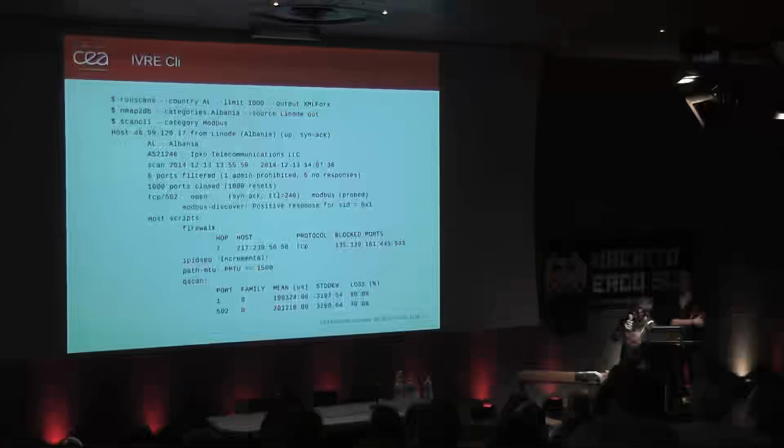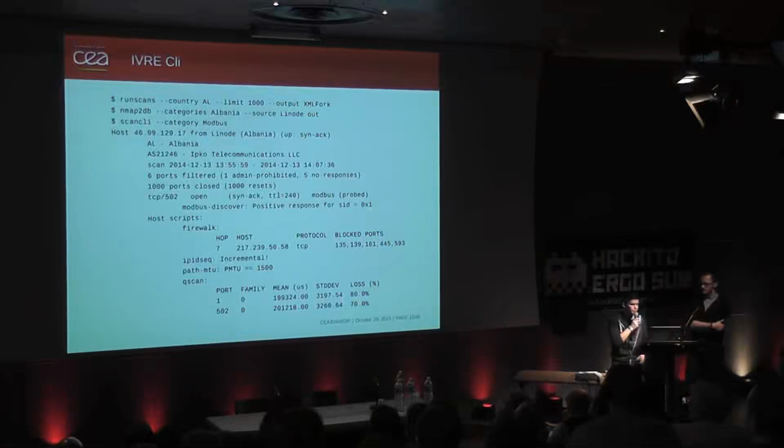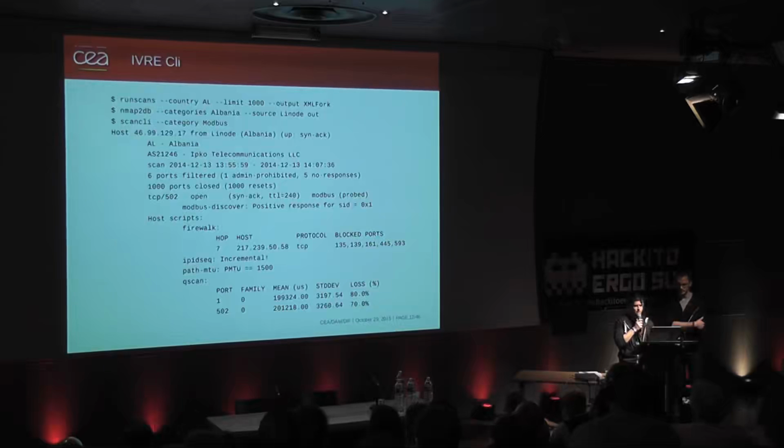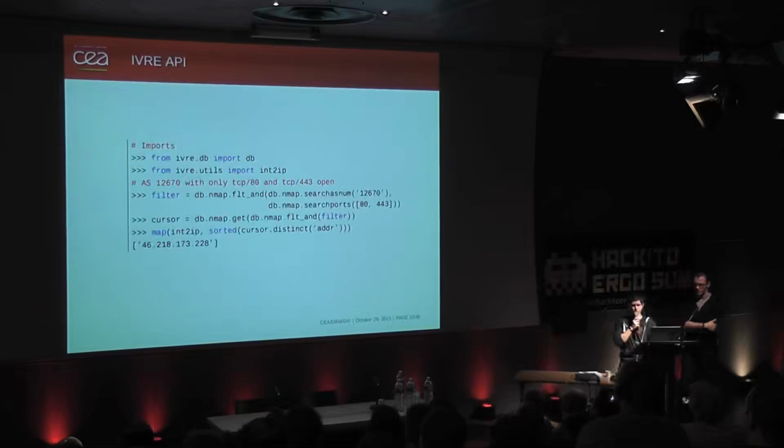Then, once the scan has been done, get the results into our database, and please parse these results. So here, this is a sample host, and it looks like what Nmap gives you. You have the results of host scripts and, for each open port, the corresponding service script.